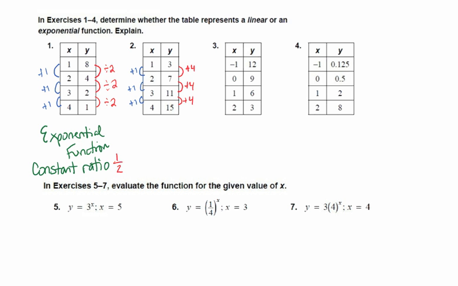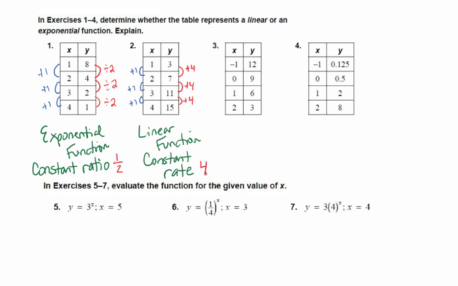So here we have a constant difference, and this is going to make it a linear function. Our constant rate is going to be 4, because we always talk about our constant rates in terms of addition.